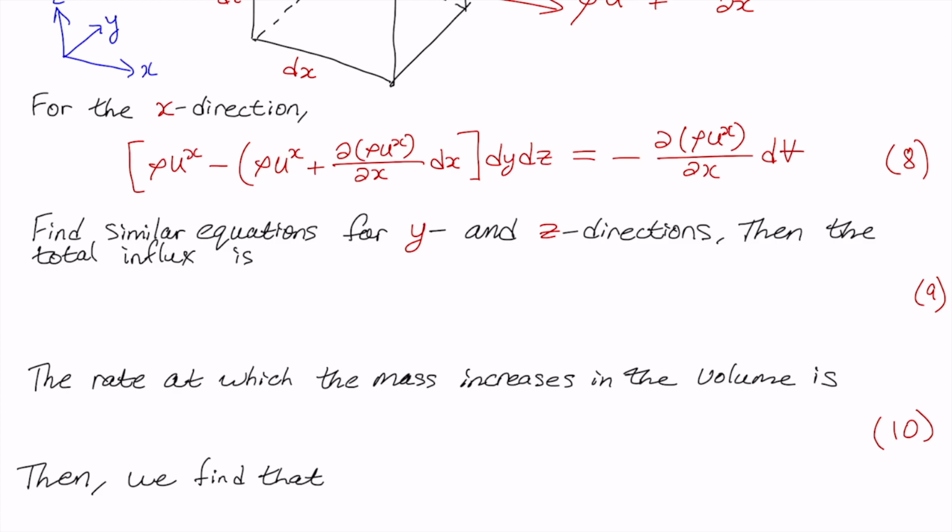You do that, and then combining them all together, we can find that the total influx of mass into the element is the following.